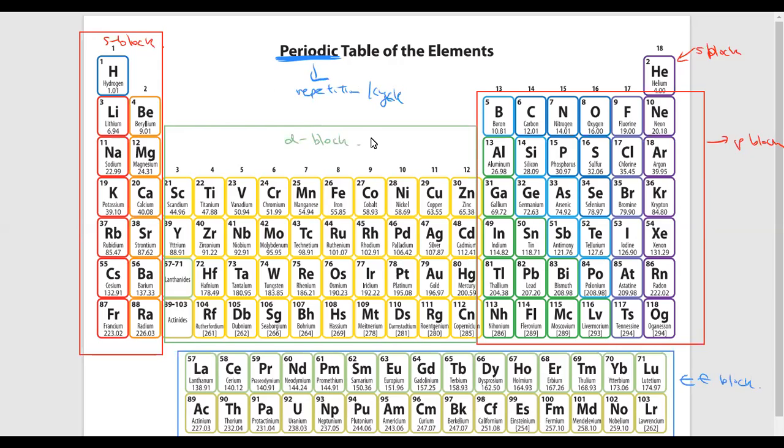Everything in group 1 has similar chemical, and to some extent physical, properties, but focusing on the chemical properties, the groups are arranged by similar chemical properties. That's why helium, despite being in an S block, is put here, because it has similar chemical properties to all the other noble gases.